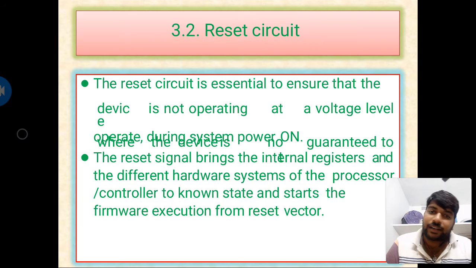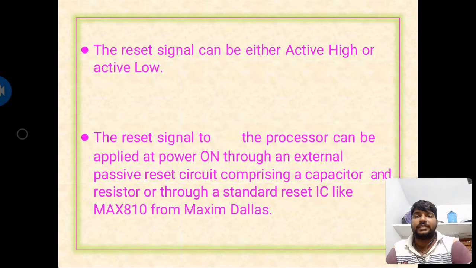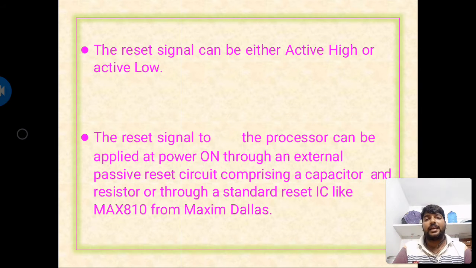This is the interrupt vector table we are setting. The reset signal can be either active high or low, either 1 or 0.